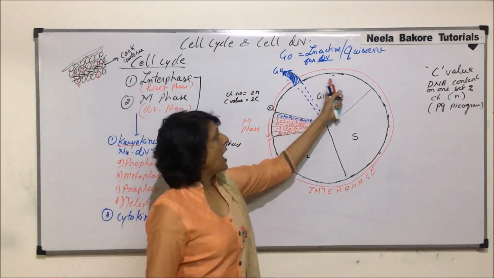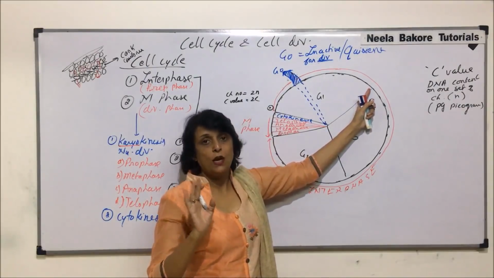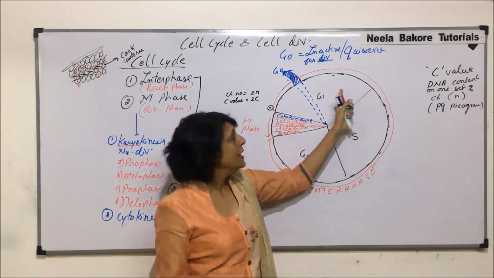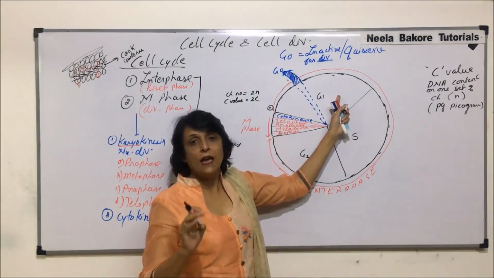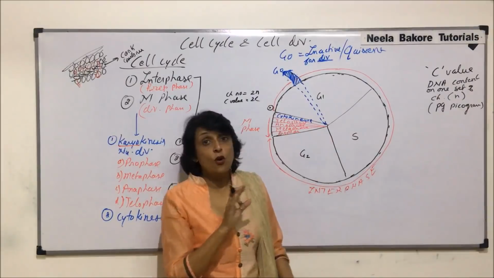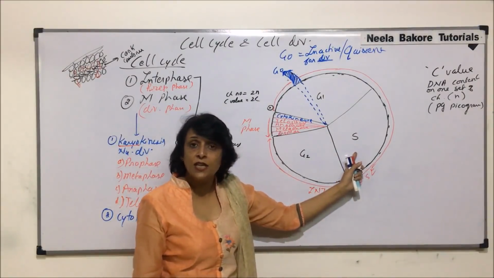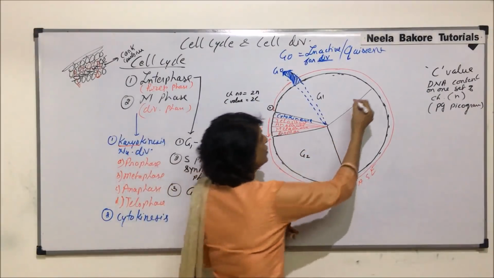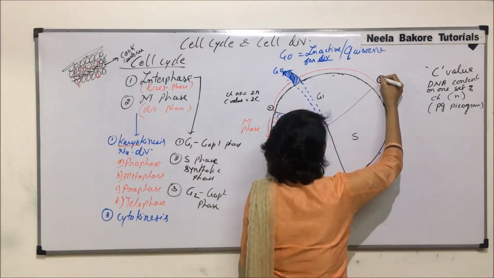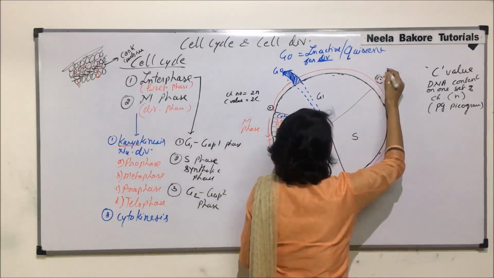This cell after G1 enters or comes here by the end of G1. What has happened in G1? Growth, protein, enzyme, ATP, RNA, all those things. But there is no change in the genetic content because DNA replication takes place in S phase. So now the cell is here. It has become bigger, so let us draw it slightly bigger.